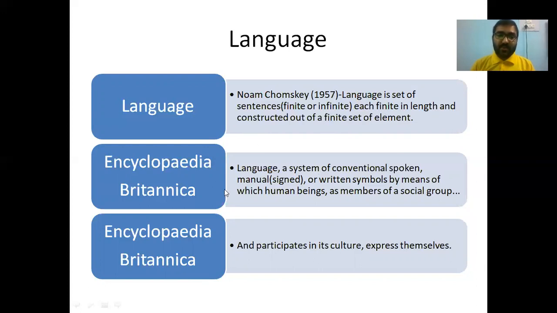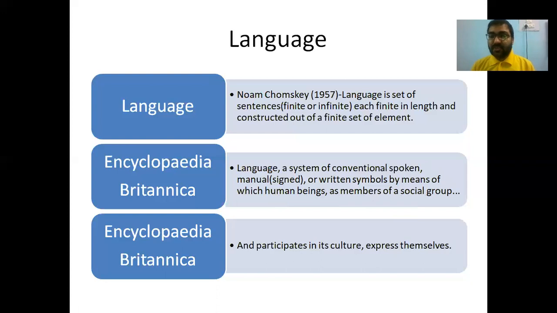Second is Encyclopedia Britannica, which says language is a system of conventional spoken, manual, signed, or written symbols by means of which human beings, as members of a social group and participants in its culture, express themselves.